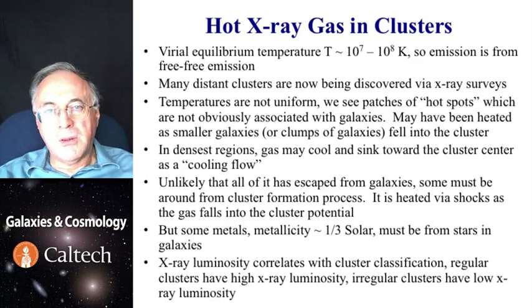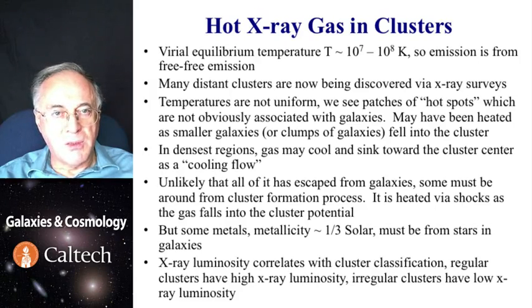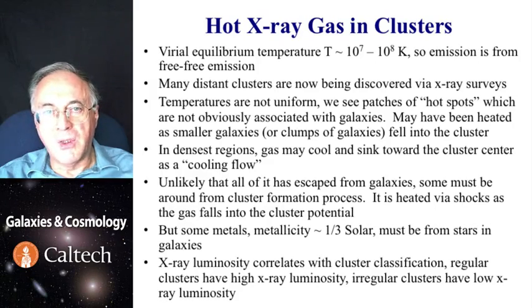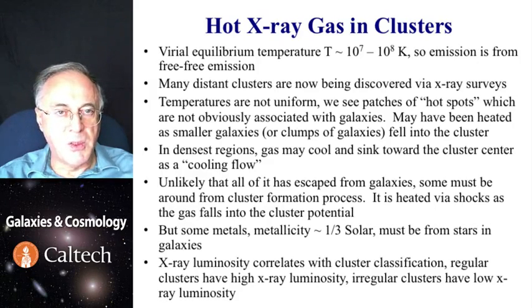Now we know that this is only partly correct, and there are feedback processes that reheat the gas so that cooling flows are not quite as important as people once thought. So where does the gas come from? Some of it simply came from the intergalactic space, and some of it was expelled from galaxies in the galactic winds driven by supernova explosions.